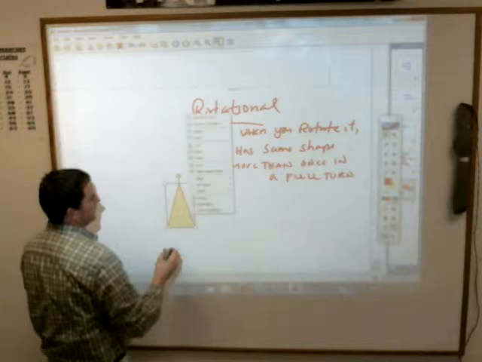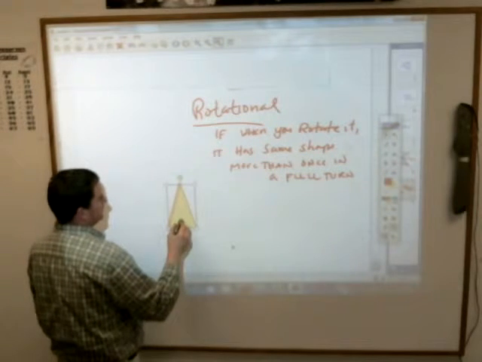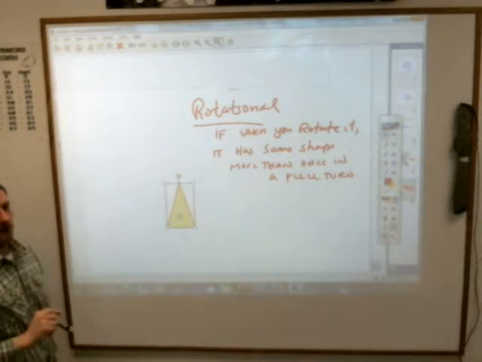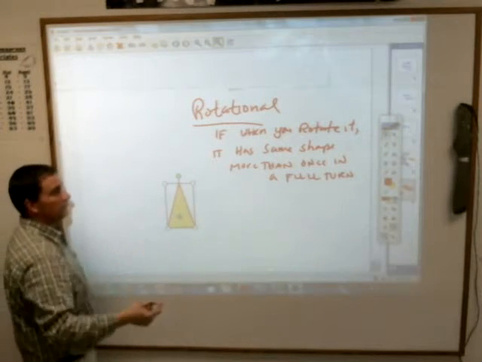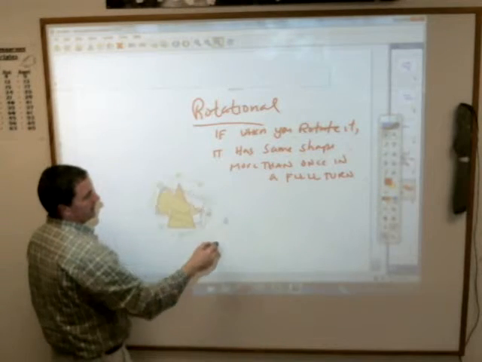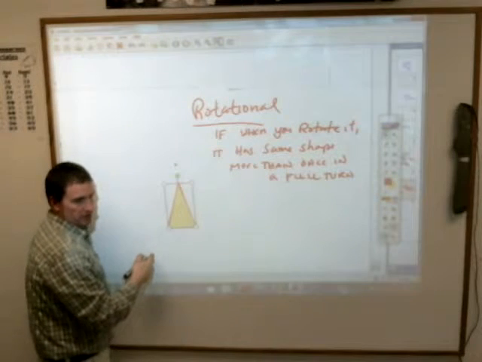Say you've got this triangle here. Okay. Here's the deal. First of all, every shape will look just like itself if you spin it 360 degrees, a whole full turn. That's why it says it has to be more than once, because if I take this triangle and I spin it one whole time, it's going to look just like when it started.